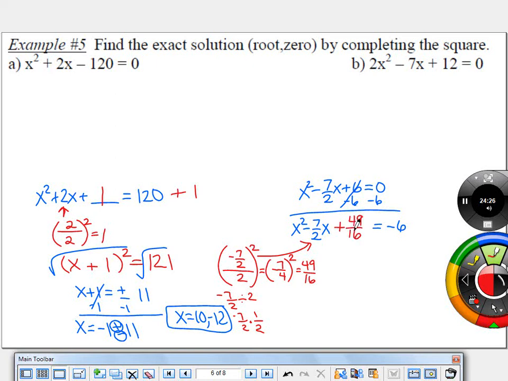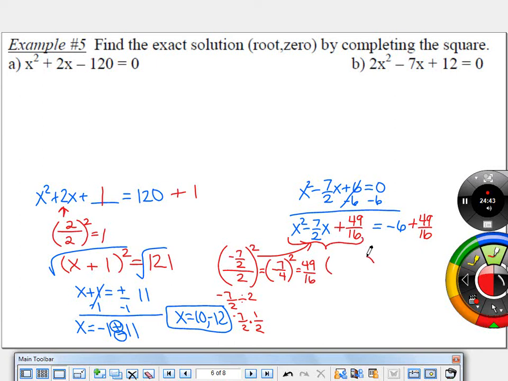That's totally okay as long as I add that to the other side. So you guys might hate fractions, but when you're using this process, they're actually not that bad and usually end up working okay in the end. Because when you go to factor it, you don't have to think too much.